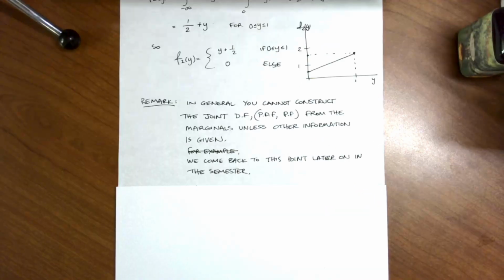So generally, you cannot construct the joint distribution functions from information that you have from the marginals alone. You have to have some other information that relates to measures of dependence or independence, but we'll come to those concepts further along in the semester.